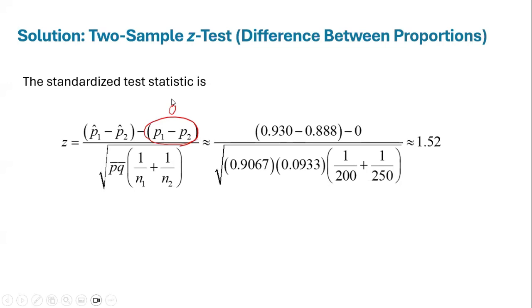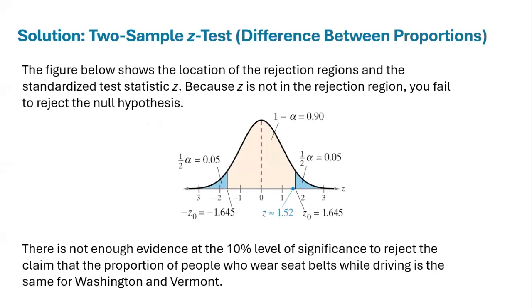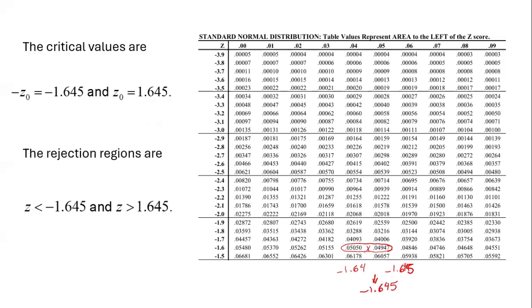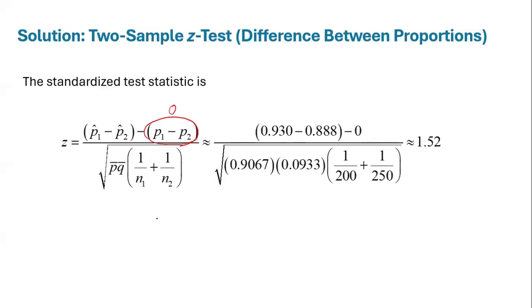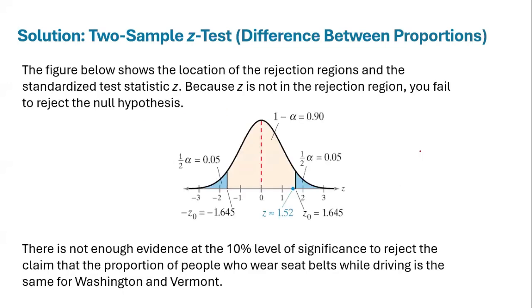Now the question, is 1.52 in the rejection region? Rejection region tells me it has to be more than 1.645. But is this number more than 1.645? No. And if you look at the picture, you will see that the number is not in the rejection region, is not in the shaded area.